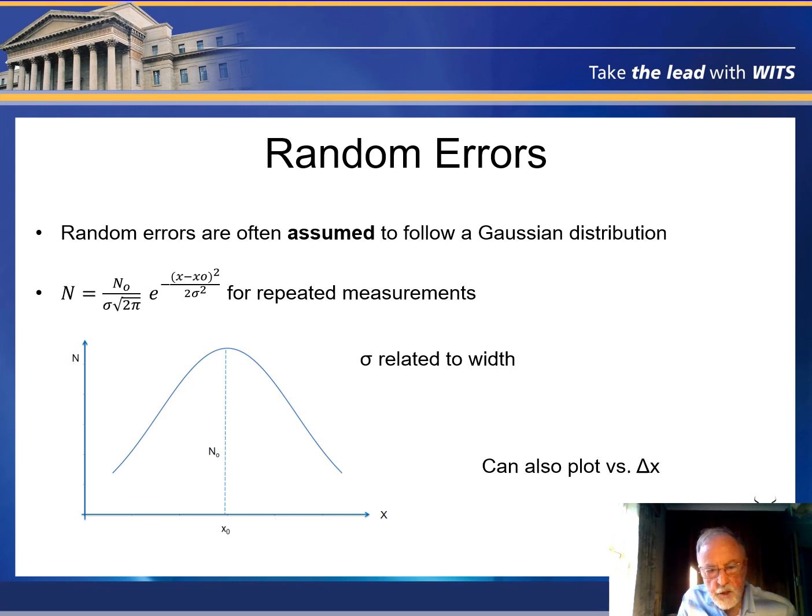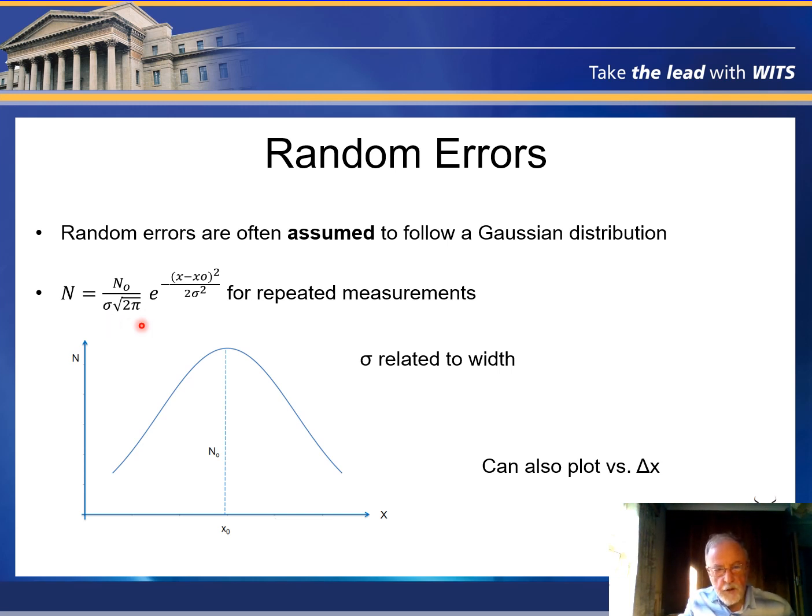Here is the function, and I've written it out in full because it isn't always written out in full. It's an exponential function of a negative square, and x is a measurement and x naught is the mean of the measurements, and sigma is a quantity called the standard deviation, which is related to the width of the curve, and in front there's a constant, and often it's just written as a constant, but it actually consists of a combination of other things.